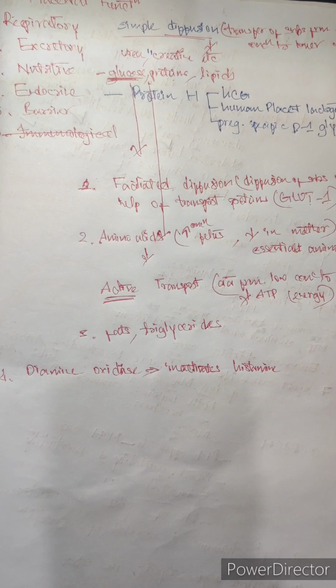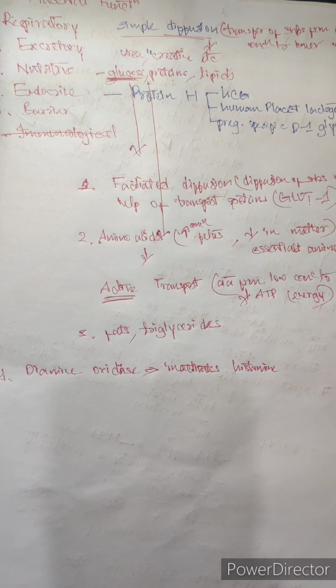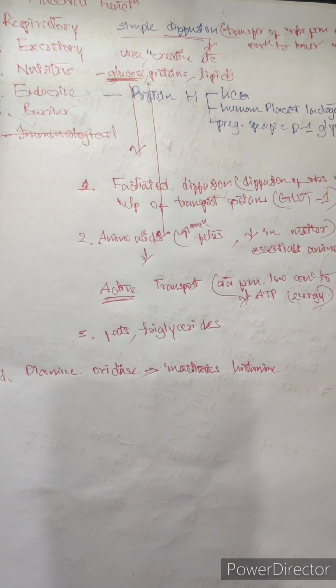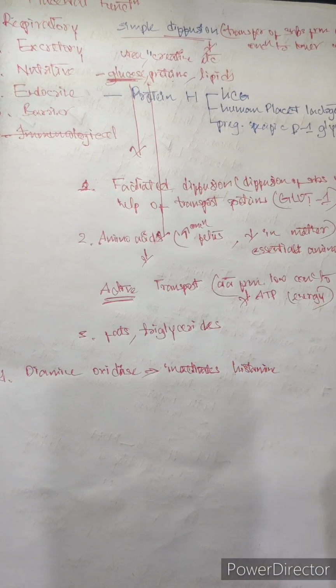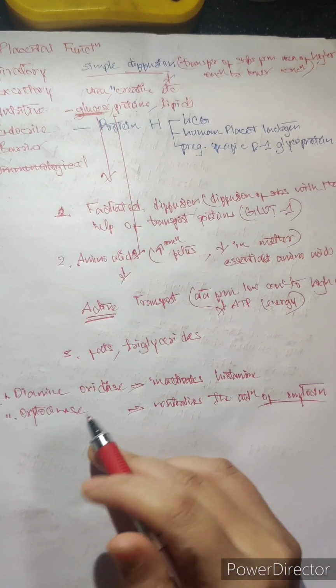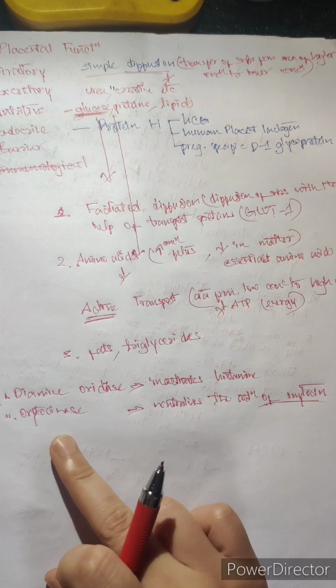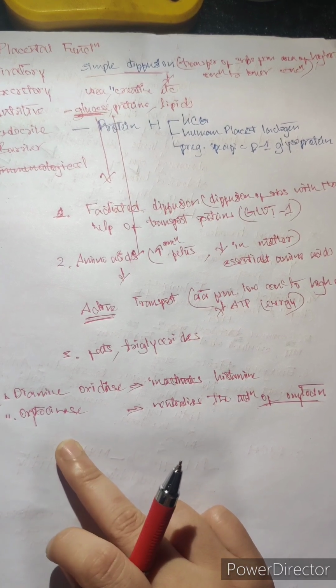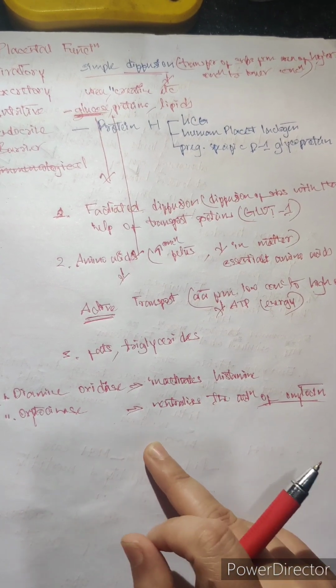Histamines, as you know, are the main reason behind inflammatory reactions. Okay, so your second enzyme is oxytocinase. What oxytocinase does is neutralize the action of oxytocin.